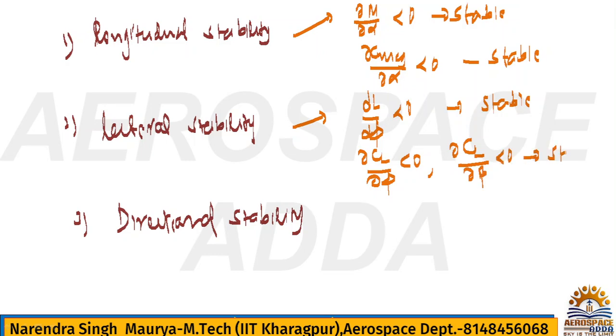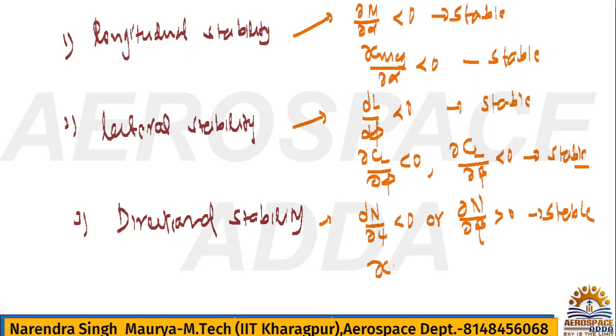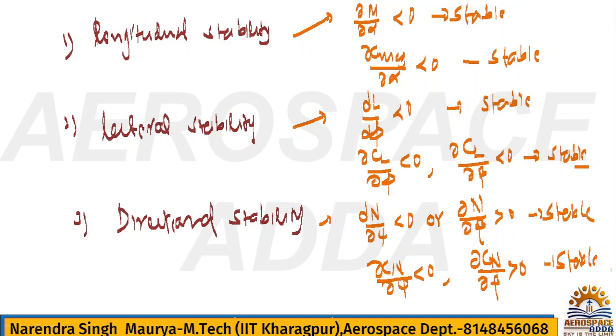These are the stable. Okay. Directional stability, what is the yawing moment? N. So ∂N/∂ψ less than 0 or ∂N/∂β greater than 0. In terms of coefficient, ∂Cn/∂ψ or ∂Cn/∂β. Okay, this one is clear, no issue.